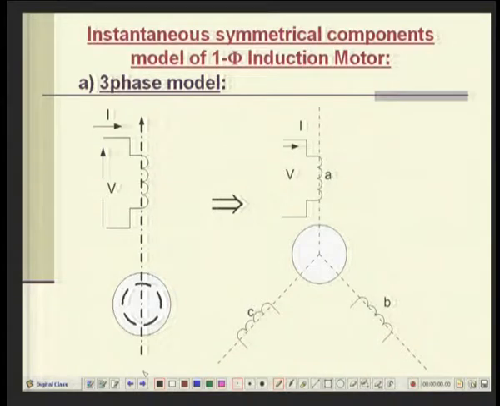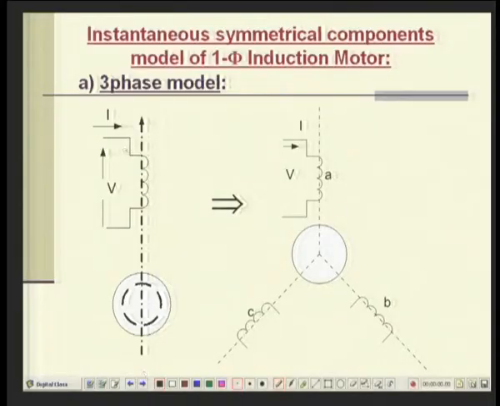Okay. The point is, a single phase machine can be considered as a 3 phase machine with 2 windings not carrying a current, is it not. As we said, one student in the class is equal to maybe 3 students in the class, 2 have left, are absent, only 1 is present. So, this can be analyzed using the symmetrical components, 3 phase symmetrical components, right.